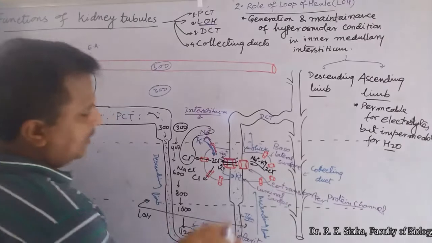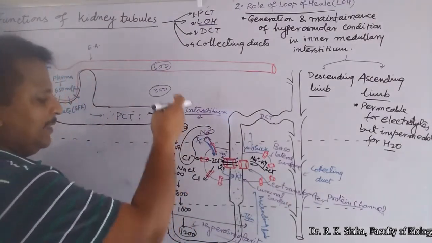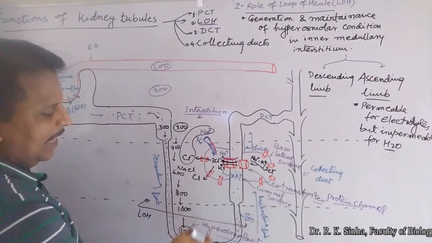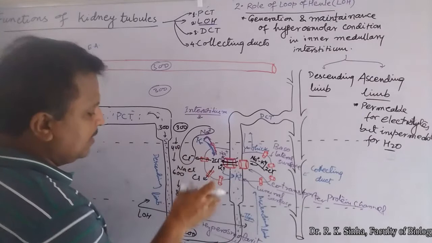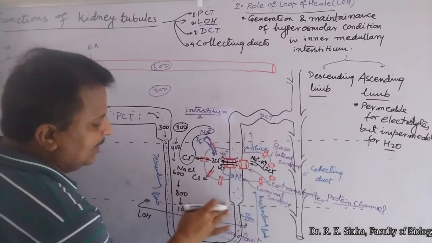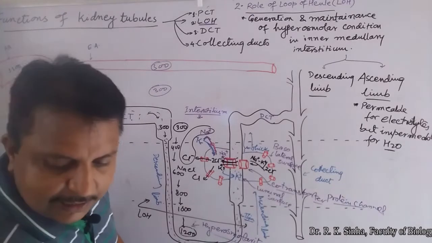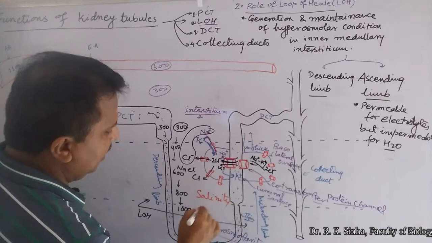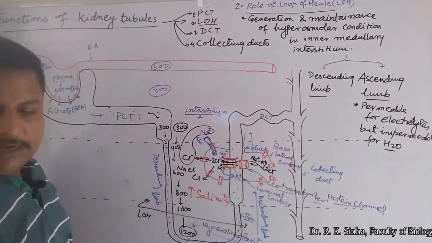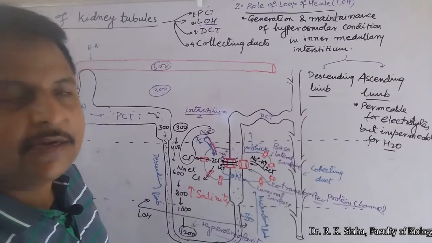Okay. Now as it moves up, salt is coming out, so salinity increases in the inner medullary interstitium, meaning the salt concentration increases here. This is a high salinity region.